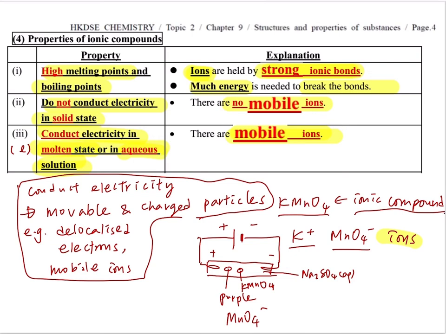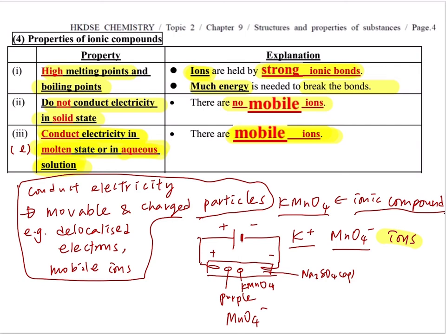Okay, so for ionic compounds, they can conduct electricity in molten state or in aqueous solution because there are mobile ions.